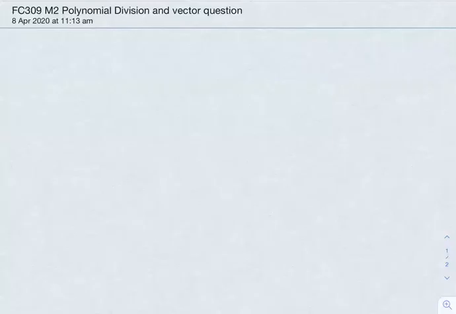It's about something called the factor theorem. If you want to read about it, it's in your book, page 24, the factor theorem.